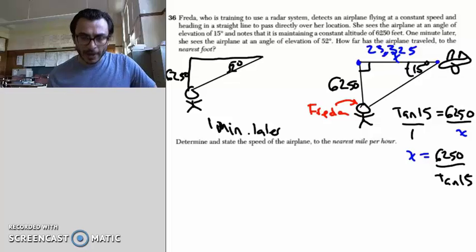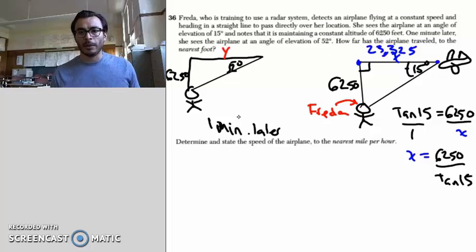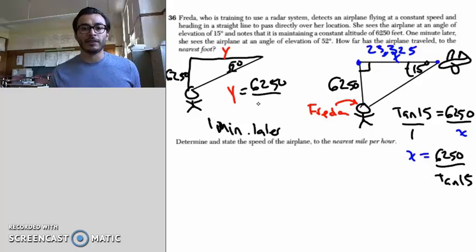So now I'm actually interested in figuring out this distance here. I'm going to do something similar: y equals 6,250 divided by the tan of 52 degrees.